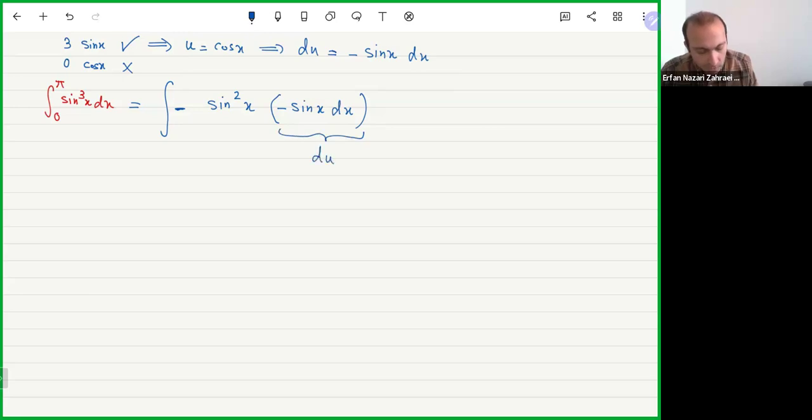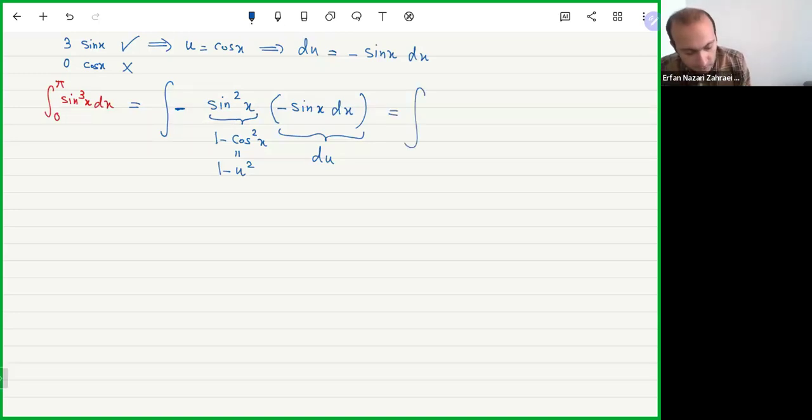So this part is du. Now I need to write this part in terms of u. What is u? u is cosine. So I need to convert this into cosine. And the key identity is sine squared plus cos squared equals 1. So sine squared is 1 minus cos squared, and that is 1 minus u squared, since u is cosine.